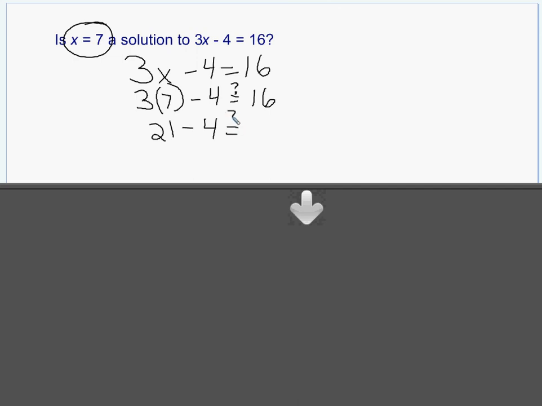And I do not know if 21 minus 4 is 16. 21 minus 4. I think that's 17, isn't it? 17 equals 16? No, that does not equal. So we are going to say no, that is not a solution. And make sure you always restate yes or no if it's a solution and you have the correct symbol in the middle. Okay, this does not equal.